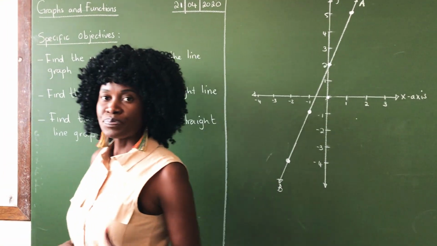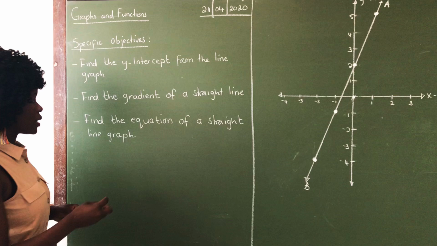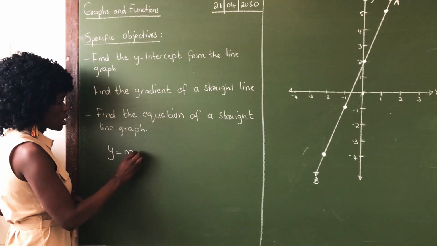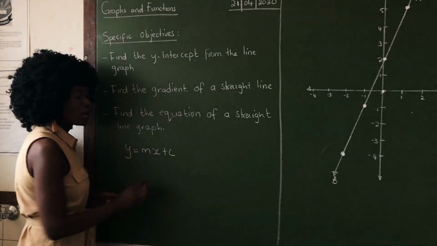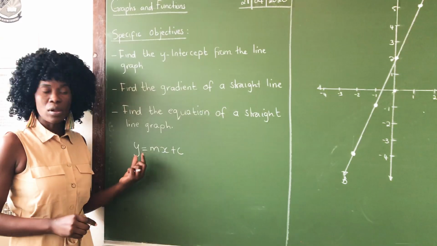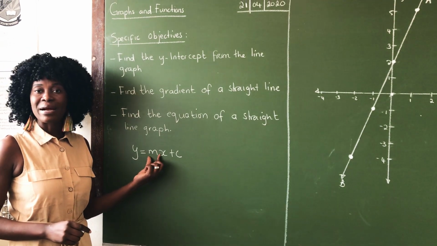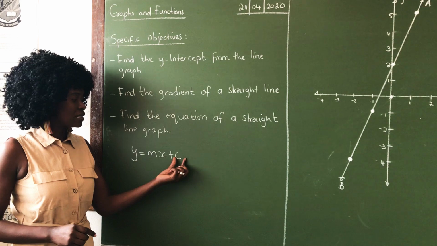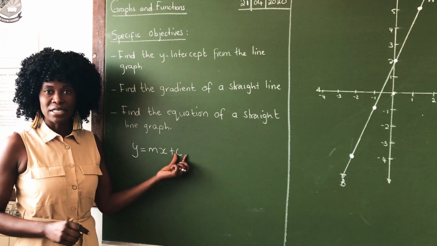Alright, now in the previous lesson I already indicated the general equation of a straight line graph being y equals mx plus c. So in other words, the y is our dependent variable, the m is our gradient, x is our independent variable, and c is our y-intercept.